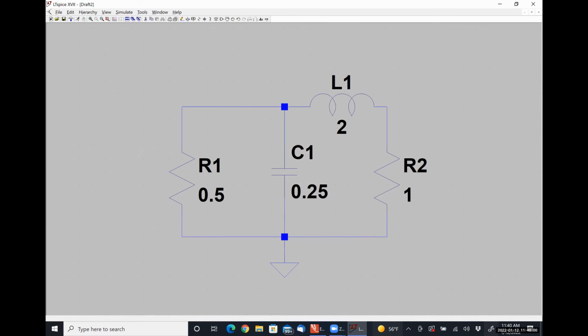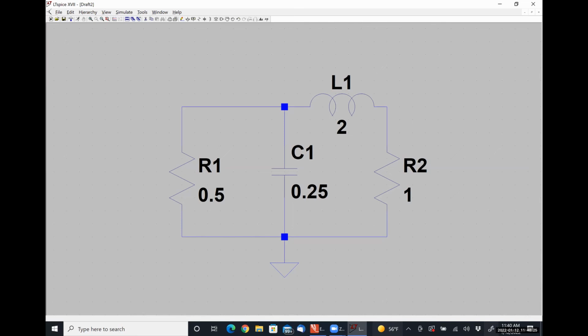I do that because that's the easiest way for me to set the initial condition for the voltage drop across my capacitor. Because if I try to do just V open parentheses C1, it does not know how to interpret that because it's not taking it as a node, right?